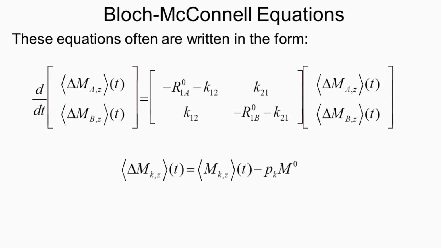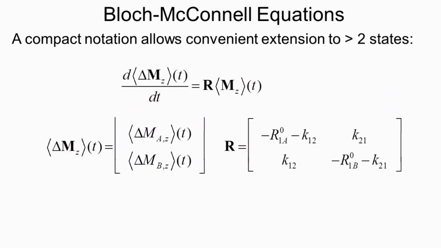And of course, now the Boltzmann equilibrium magnetization is distributed amongst the different sites depending on their relative populations, as shown here. So we can write this in compact notation in which the bold-faced symbols are now matrices, so delta MZ becomes a column matrix, and boldface R is now the Bloch-McConnell matrix, including both R1 and chemical kinetics.